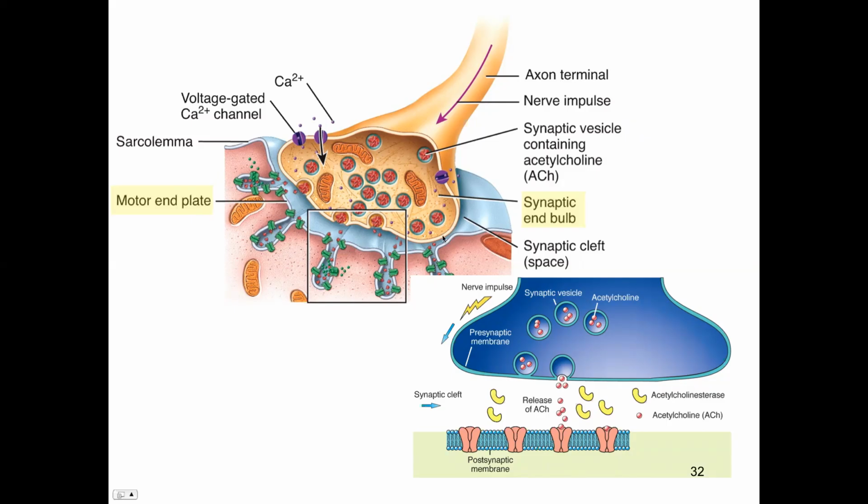So this is the synaptic end bulb, and this part here where we have all of these receptors is called the motor end plate of the muscle cell. The neurotransmitters bind, and this then is going to be used to set up an action potential in the muscle cell.